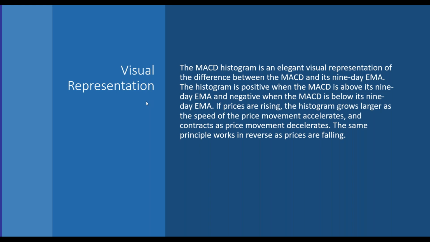If prices are rising, the histogram grows larger as the speed of the price movement accelerates and contracts as the price movement decelerates.